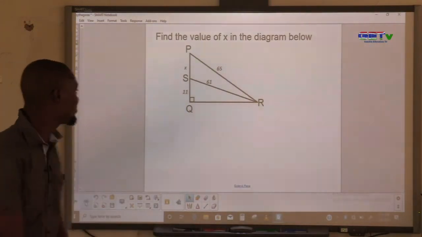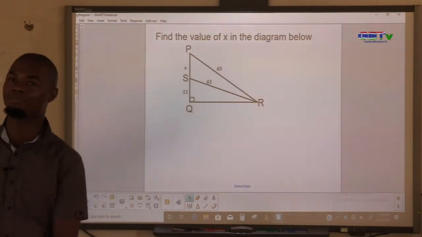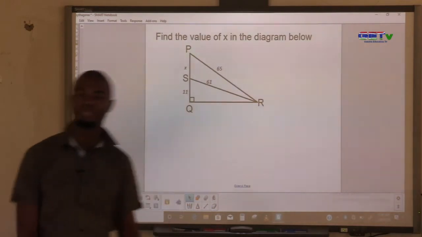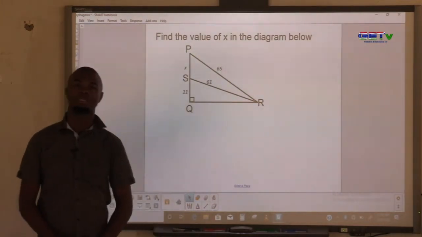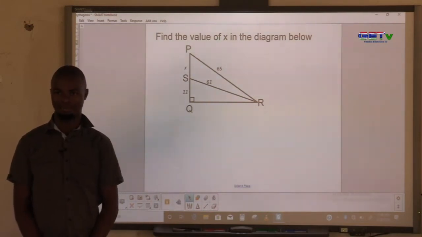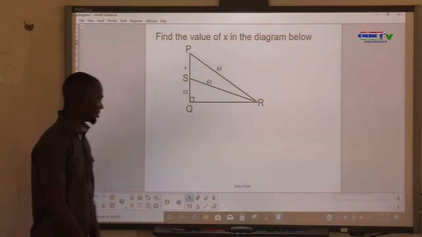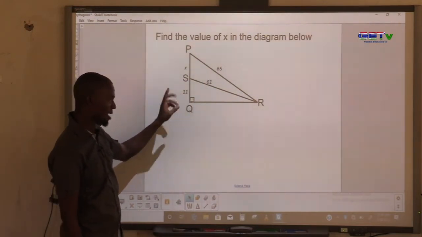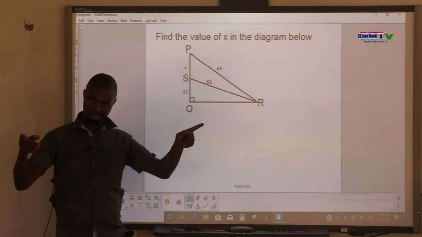This one says find the value of x in the diagram below. Let us look at the diagram. Do we have a right angle triangle in the diagram? Yes, by looking you can tell. You have two right angle triangles.